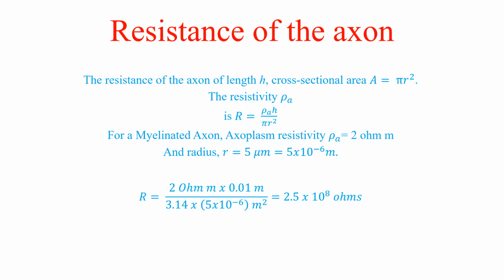Rho A is the resistivity of the axoplasm, h is the length of the axon, and r is the radius of the cross-sectional area of the axon.